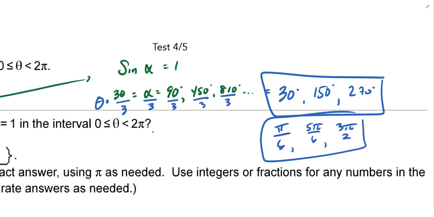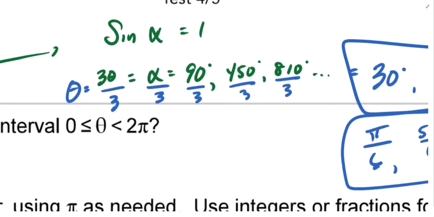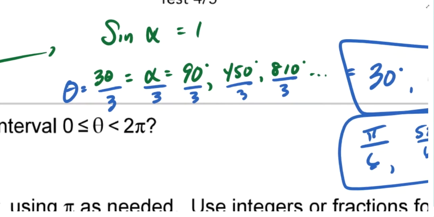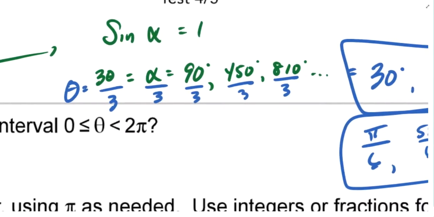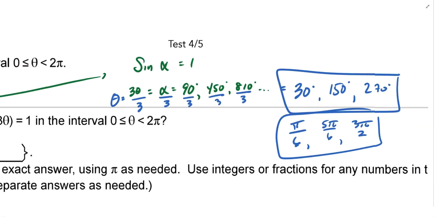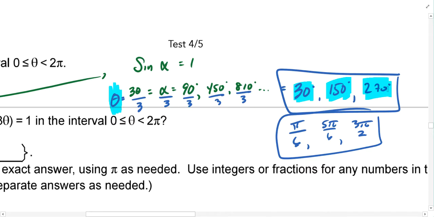Well, we weren't trying to solve for alpha, we were trying to solve for theta. Now, 3 theta is equal to alpha, so 3 theta is equal to 90, 450, 810, and so on. And as we try to solve for theta, we must divide each of our answers by 3. Well, 90 divided by 3 is, of course, 30 degrees, and 450 divided by 3 is 150, and 810 divided by 3 is 270 degrees.